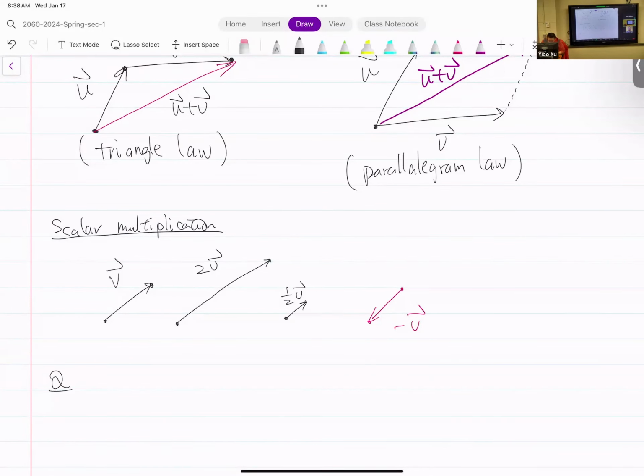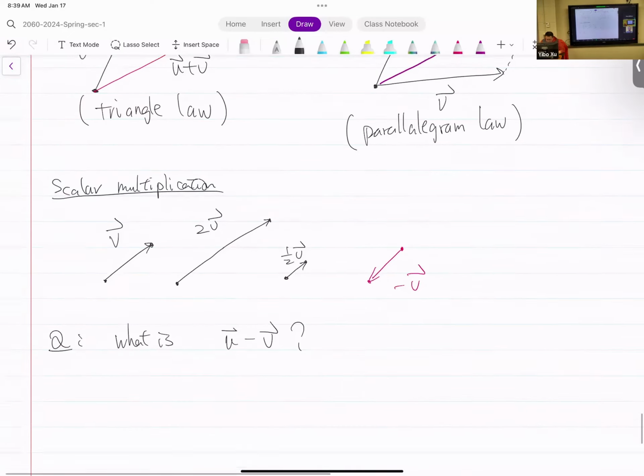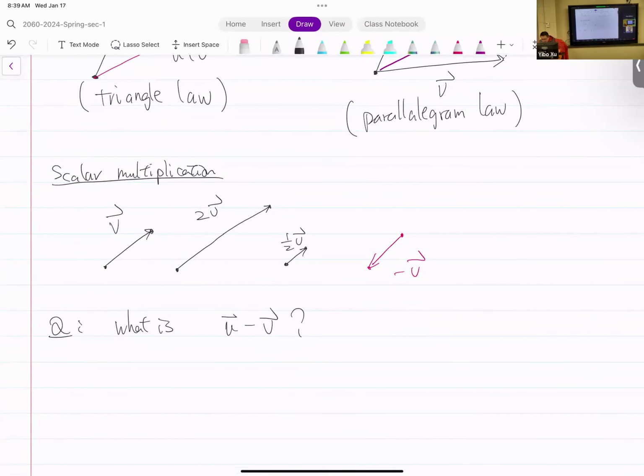So now, question: what is the difference between vectors? What is U minus V? If you think about the difference, you can always think about it as U plus -V, right? So the difference of vectors.